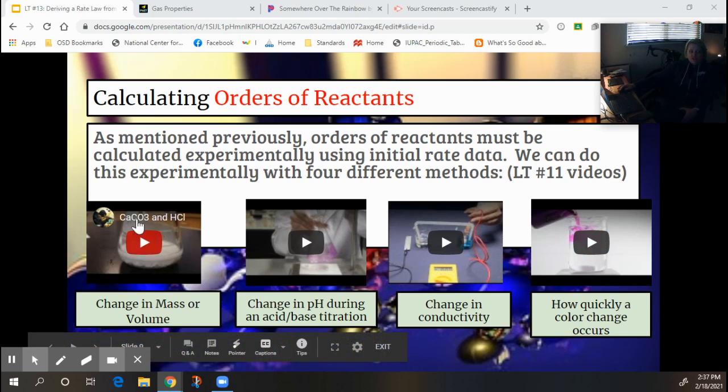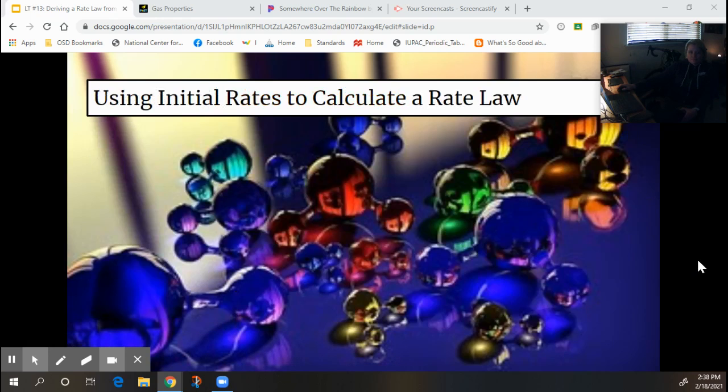We can find the change in mass or volume in a reaction. We can look at the pH during an acid-base titration. We can measure changes in conductivity, and we can measure how quickly a color changes. In fact, we're going to hopefully do that in an experiment here. So here's where we're going to get to the nitty-gritty, and we're going to use those initial rates to calculate a rate law.